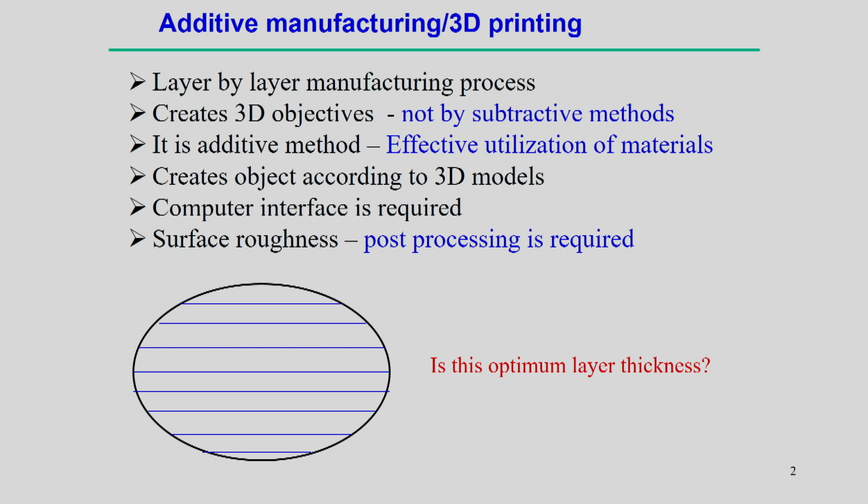We cannot create the whole object by following some particular conventional manufacturing process. Rather, we create the 3D objects, and of course, not by following the subtractive methods. Subtractive method means, for example, you want to create this kind of round object.